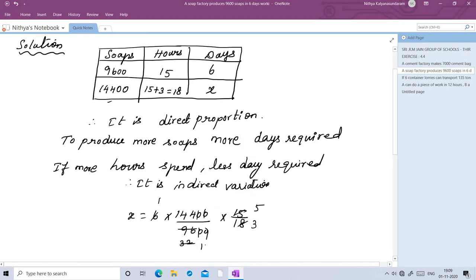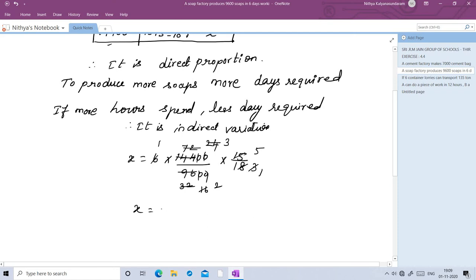Balance is 1. 7 2s are 14, 2 2s are 4. 3 table, 2 3s are 6, balance is 1, 4s are 12. 8 table we can cancel. 8 2s are 16, 8 3s are 24.